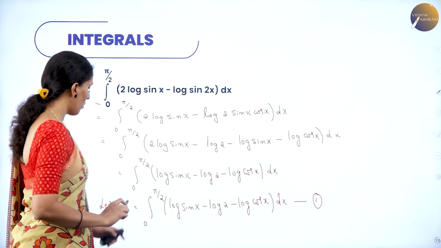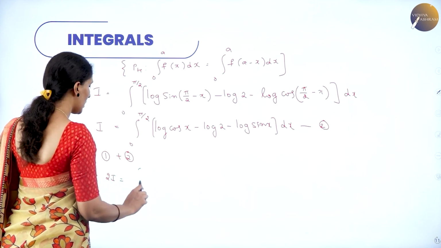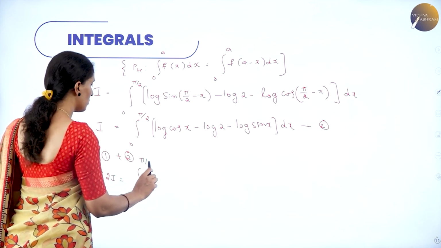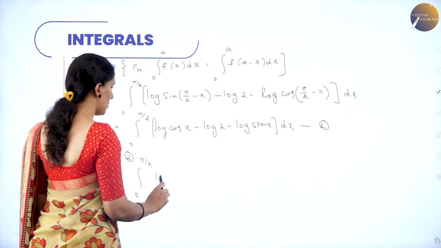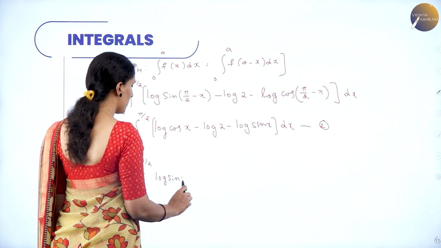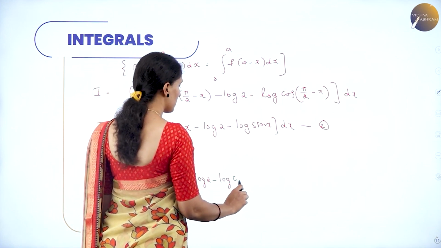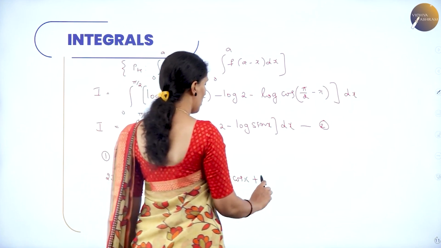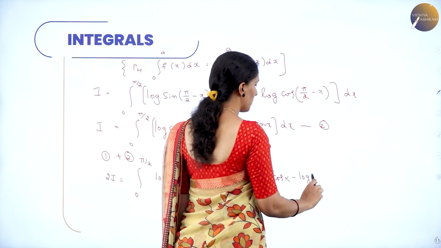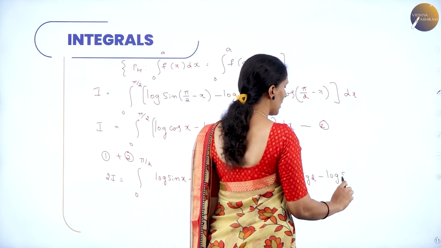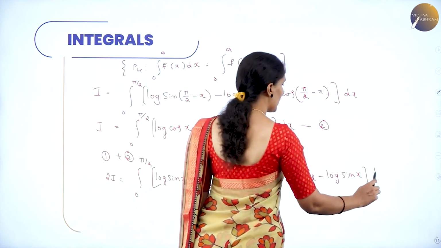On the left hand side, I plus I becomes 2I. The integral value is from 0 to pi by 2. Let me take the first: log sin x minus log 2 minus log cos x, plus log cos x minus log 2 minus log sin x, adding both LHS and RHS, dx we got.